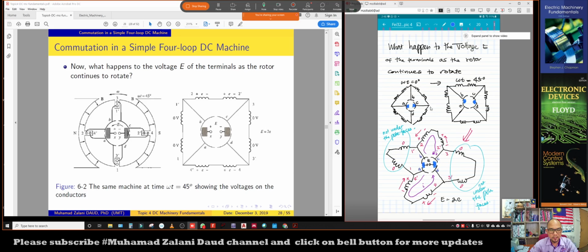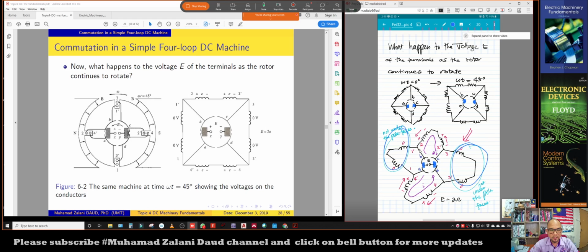Okay, at this state only two sets of wire loop are under the pole faces. The other two sets of wire loop are out of the pole faces, as you can see clearly in these drawings in my written lecture notes here. No voltage will be induced at 3 prime and 3 and 1 prime and 1.